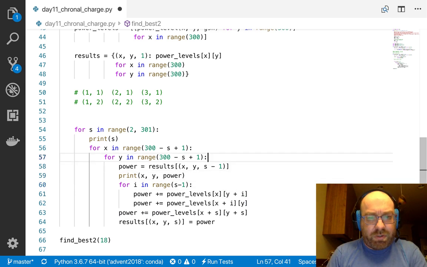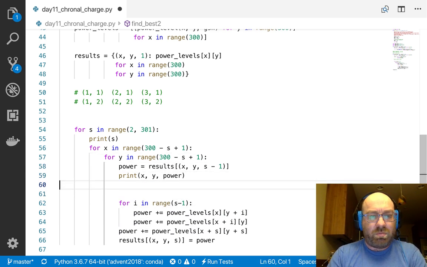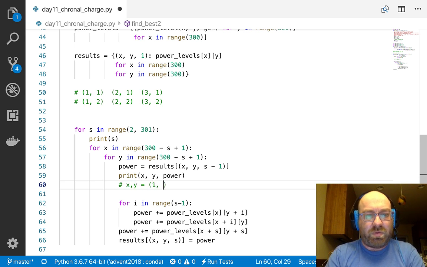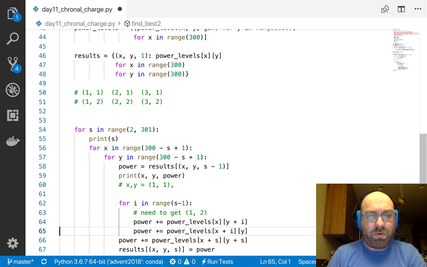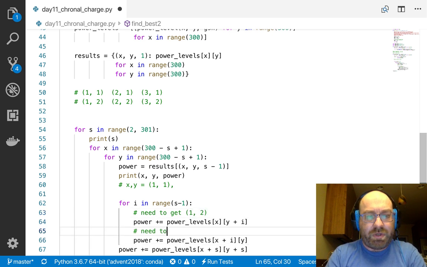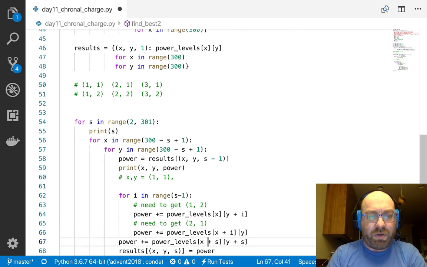Sorry, so let's say xy equals 1, 1. So need to get 1, 2, and then I also need to get a 2, 1, and then I also need to get 2, 2.